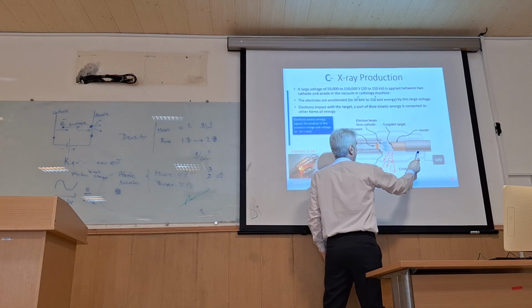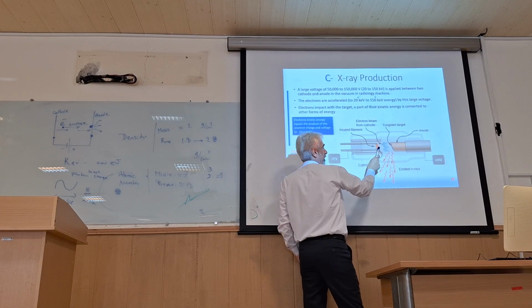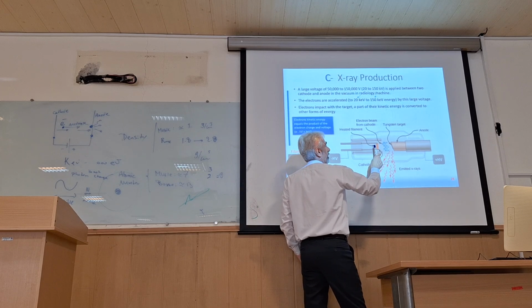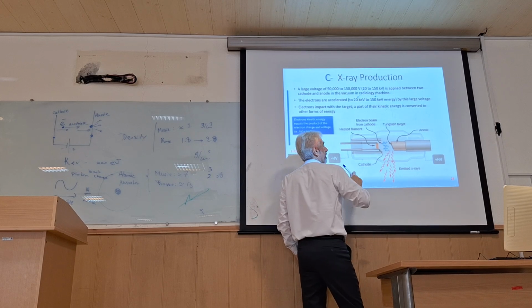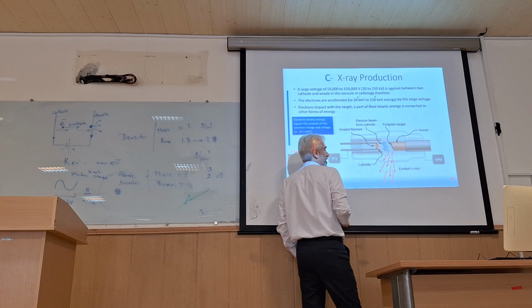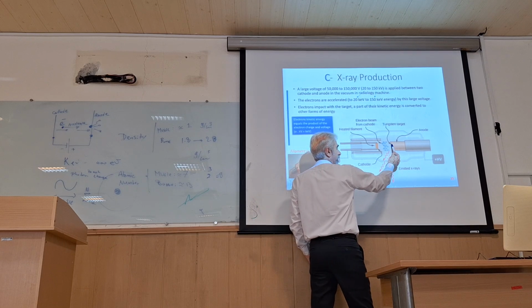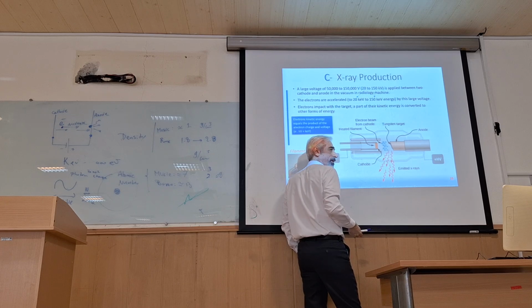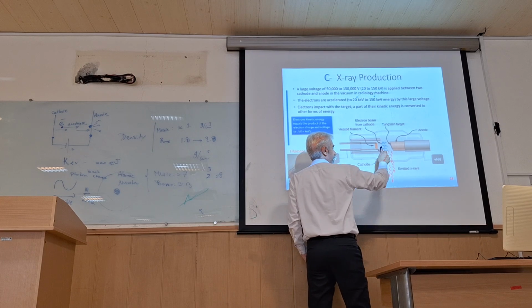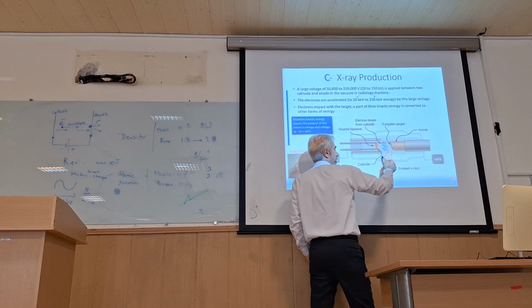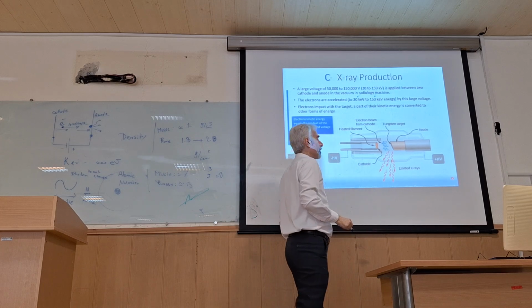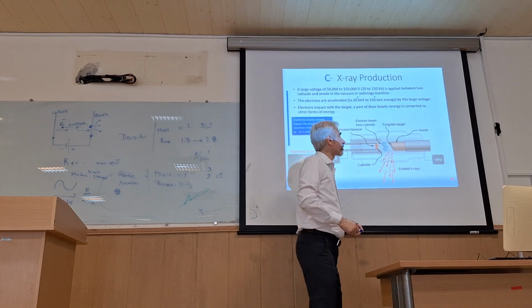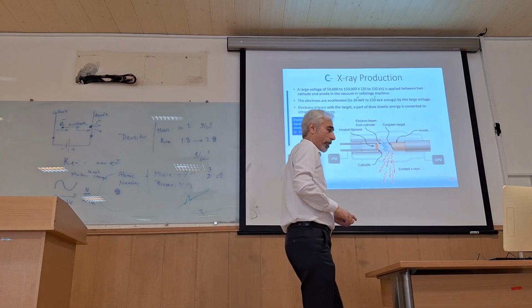Using a high voltage between cathode and anode, the electrons accelerate, start to move very fast, and when they reach the surface of the target, they suddenly stop, and the kinetic energy of the electrons is converted to emitted X-ray. And so we use this X-ray for imaging.